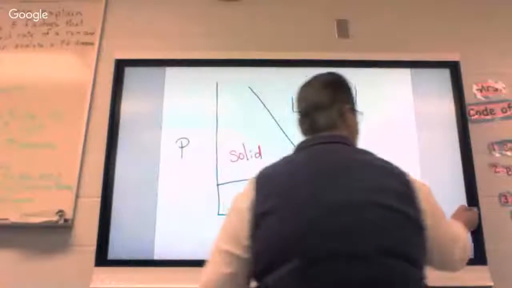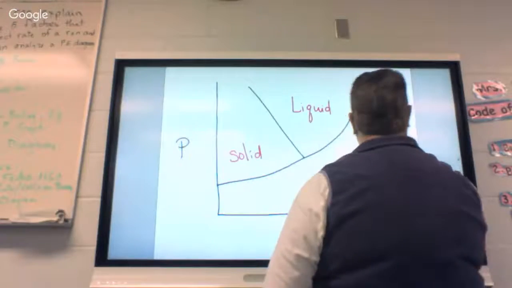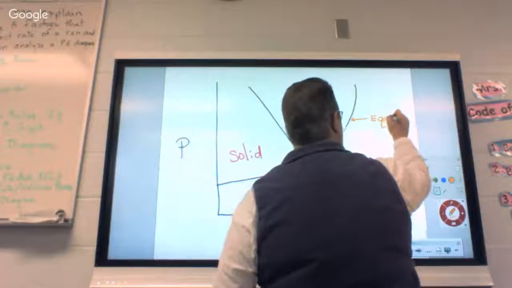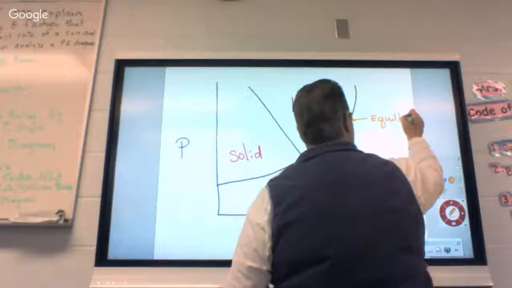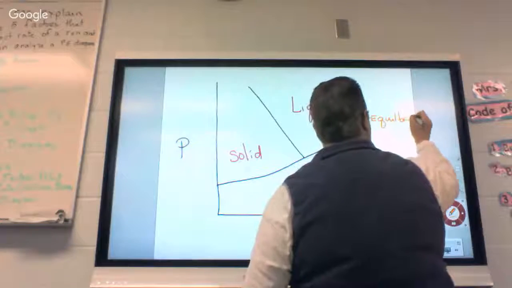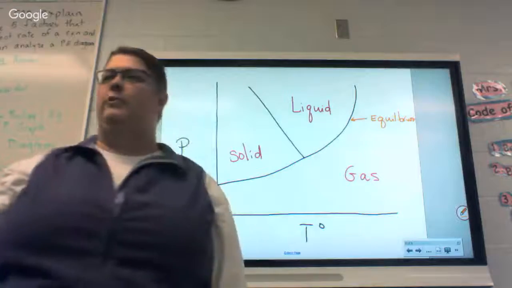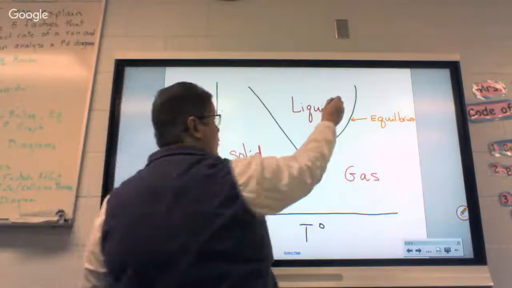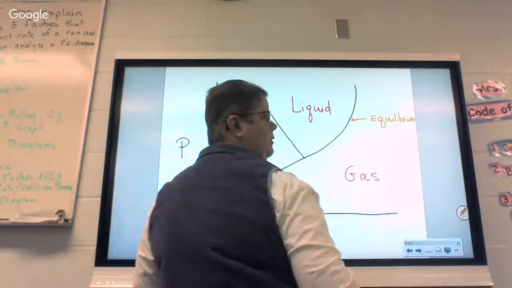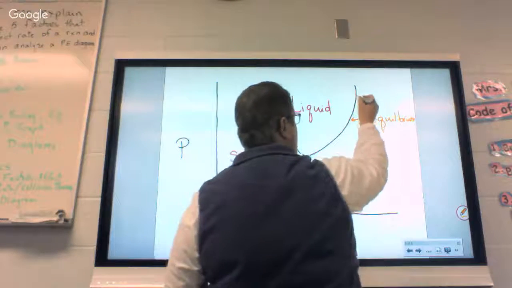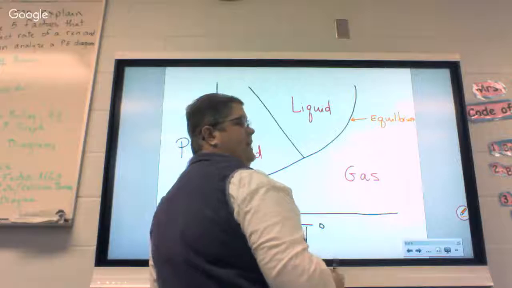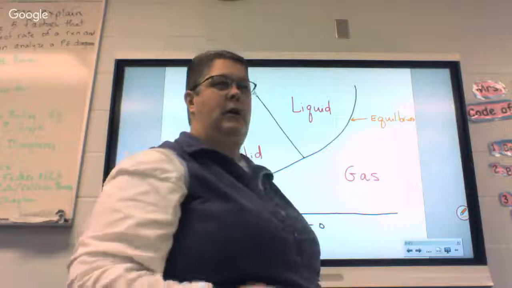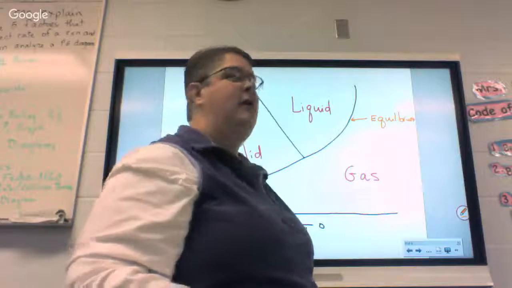Now, these lines here always represent equilibrium. The only thing that changes is equilibrium between what? Well, this line is equilibrium between a liquid and a gas. So this would be equilibrium between what phases? Equilibrium between liquid and a gas would be evaporation and condensation.